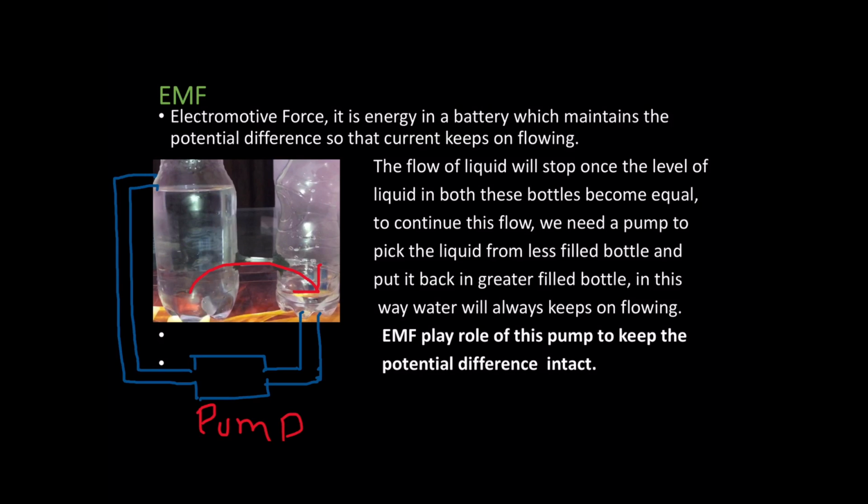So EMF is maintaining the potential difference, and due to that potential difference, current is flowing in the circuit. So we can say that if you want the flow of liquid to continue, you need an external agency doing some work. EMF plays the role of this pump to keep the potential difference intact.